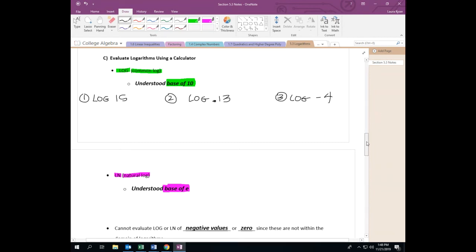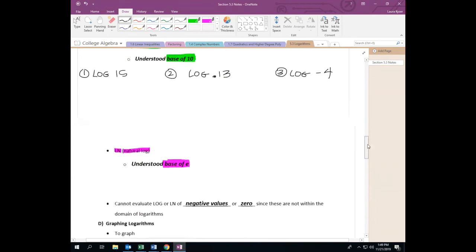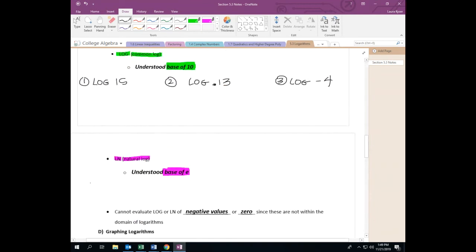Same thing with natural log. With natural log, it will say ln 7, ln 0.419. And then you're going to use the buttons in the calculator to evaluate.